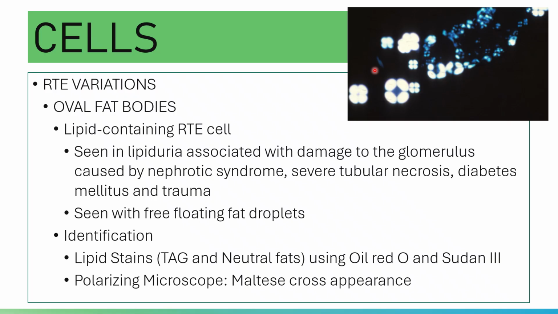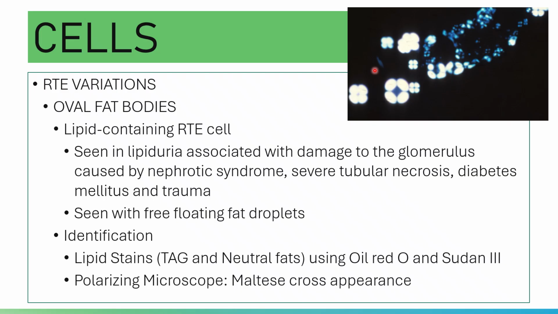Please note that positive identification of lipids in the urine is required before you report lipiduria. So what are the methods to identify a lipid in the urine? You can employ polarizing microscopy.